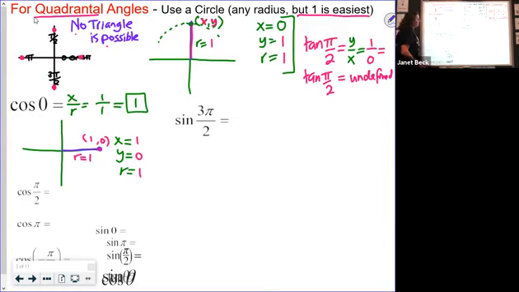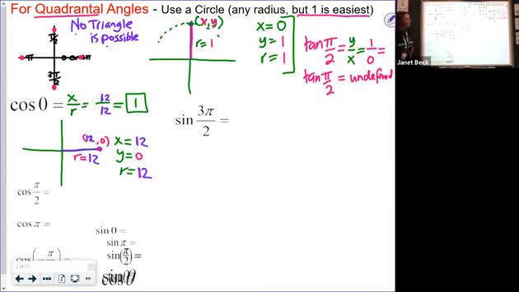If I'd chosen r as 12, this point would have been 12 out to the side. My x would have been 12, my y still would have been 0. My ratio x over r would have simply been 12 divided by 12. It would still be 1. It doesn't matter what value of r you choose, but we choose 1 just because it's easier.